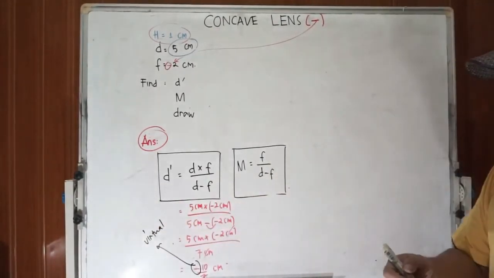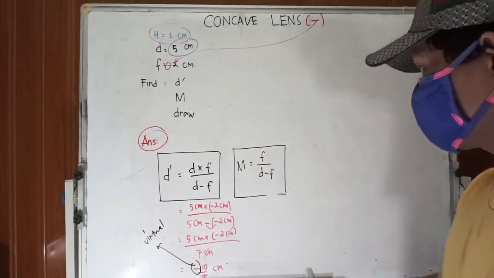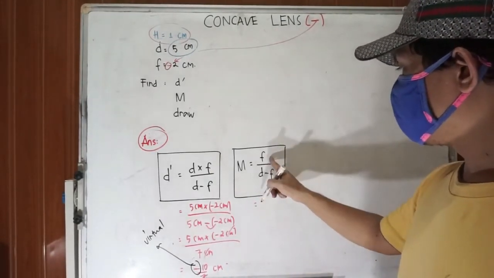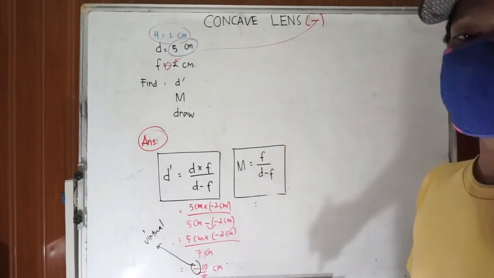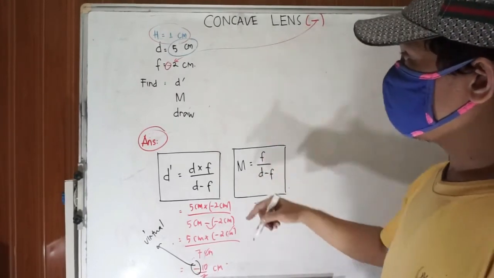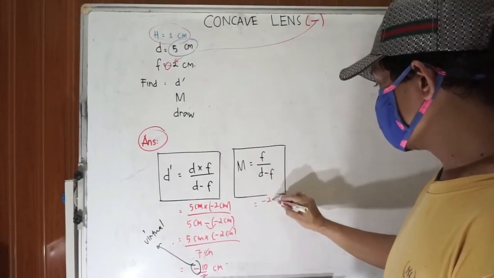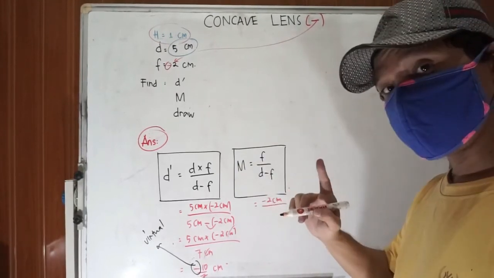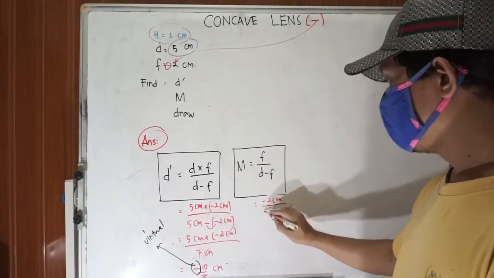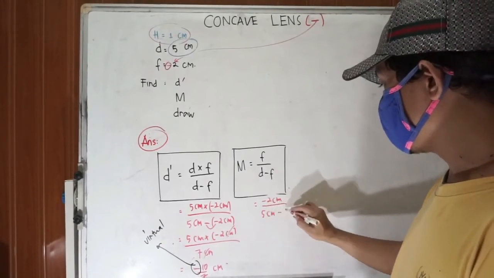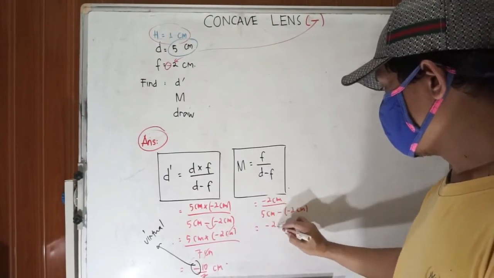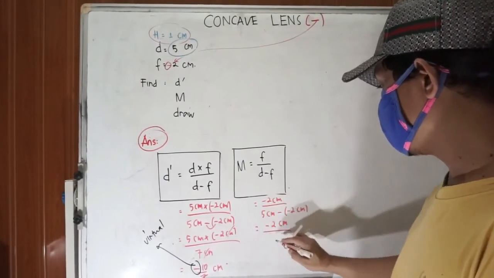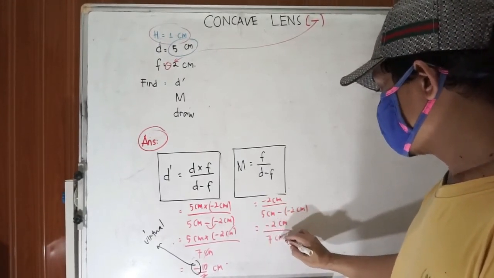Okay, go to M. M equals f over d minus f. Now insert f, minus 2 centimeter, because for a concave lens f is negative. Then 5 centimeter minus, minus 2 centimeter, which is 7 centimeter.